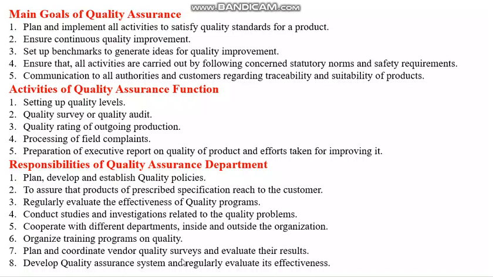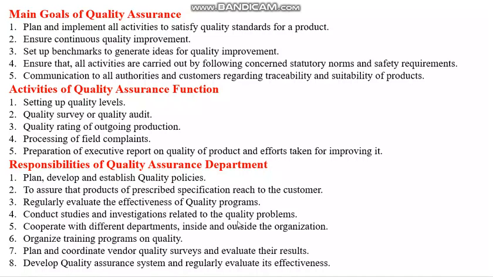Then plan, coordinate the vendor quality surveys and evaluate their results. Vendors means those people who are supplying you the raw material and other things. From them you have to plan and coordinate the surveys and evaluate them, and you can see how your vendors can improve, or where they have to take some corrective actions and other things.